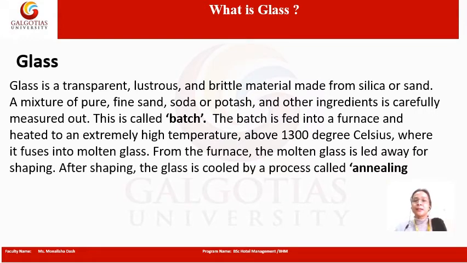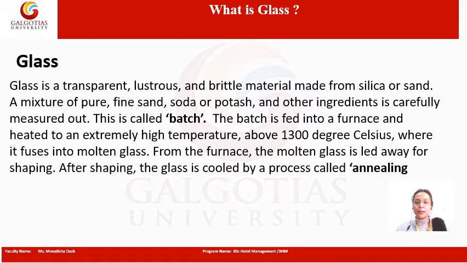We first must understand what is glass. Glass is a transparent, lustrous and brittle material made from silica or sand, a mixture of pure, fine sand, soda or potash, and other ingredients carefully measured out. This is called batch. The batch is fed into a furnace and heated to an extremely high temperature above 13 degrees Celsius, where it diffuses into molten glass.